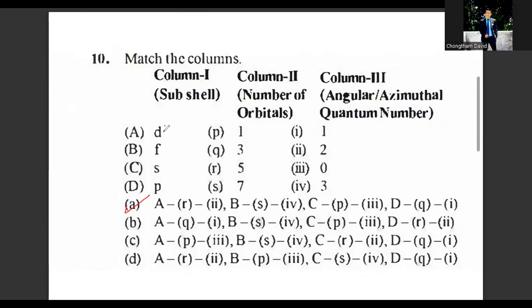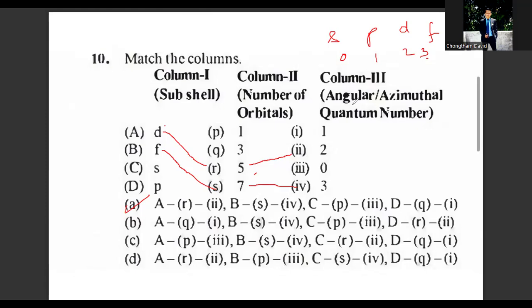I'll repeat again. The number of orbitals for D is 5, right? And it has angular momentum 2. And carefully match this: S, P, D, F correspond to 0, 1, 2, 3.